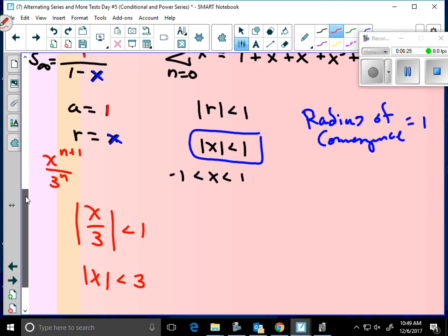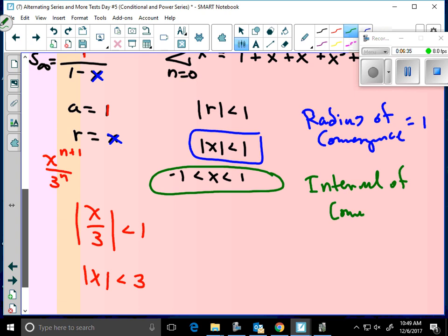This thing right here, right, when we solve the inequality or put it out in expanded form, this is called our interval of convergence. Okay, our interval of convergence, and you can write it in either form, either interval notation like such, or in the inequality form that way.